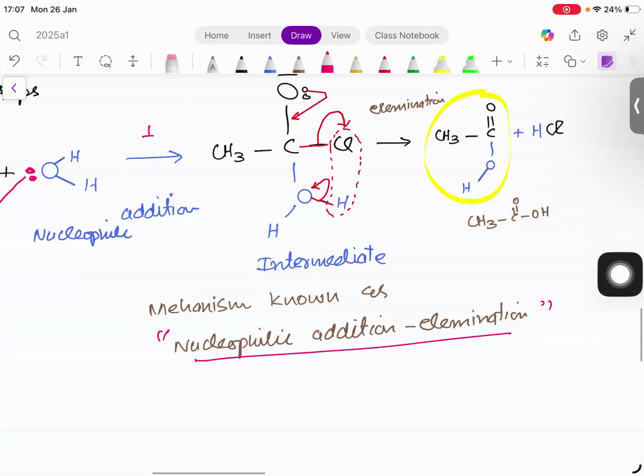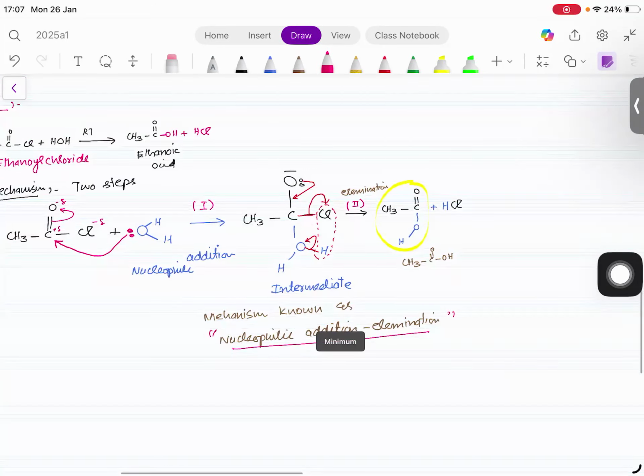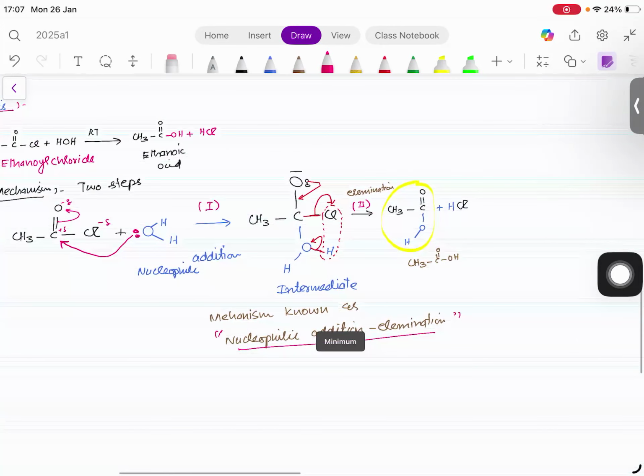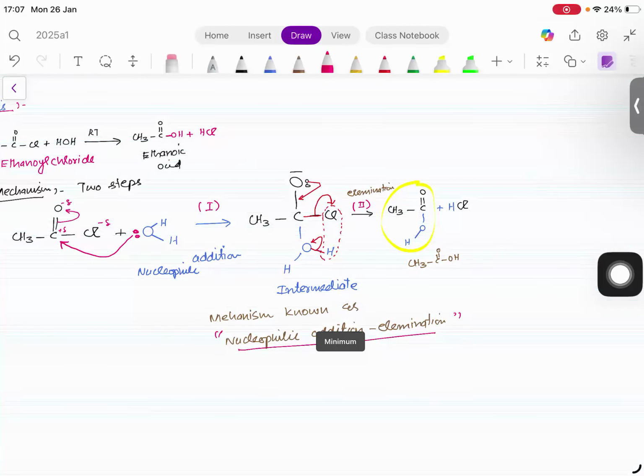It's a two-step mechanism, first and second. All the reactions mentioned above follow the same mechanism known as nucleophilic addition-elimination. So the 1, 2, 3, 4, 5 arrows along with this intermediate, they all carry the marks.